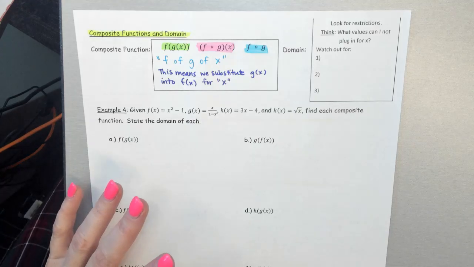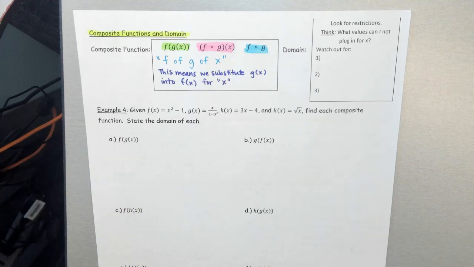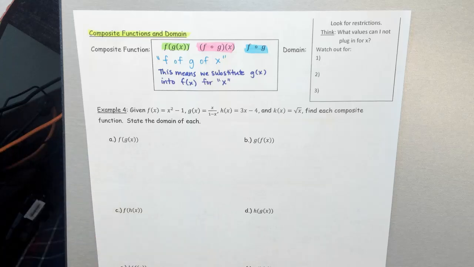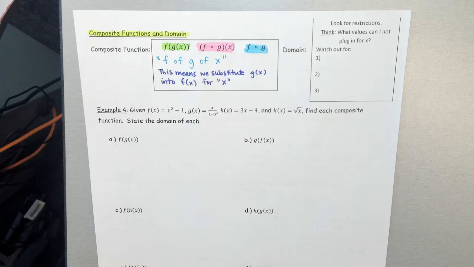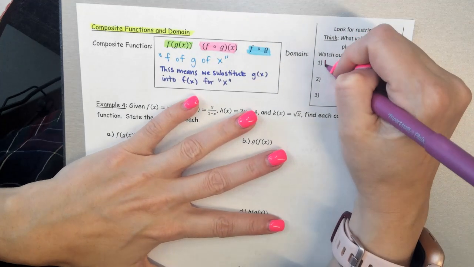So when you're looking for restrictions with your domain, you're thinking, what values can I not plug in for x? So there are really, I said there were 3 things, but I kind of combined 2 and 3, so we'll talk about those together. So the first thing you want to watch out for are fractions.